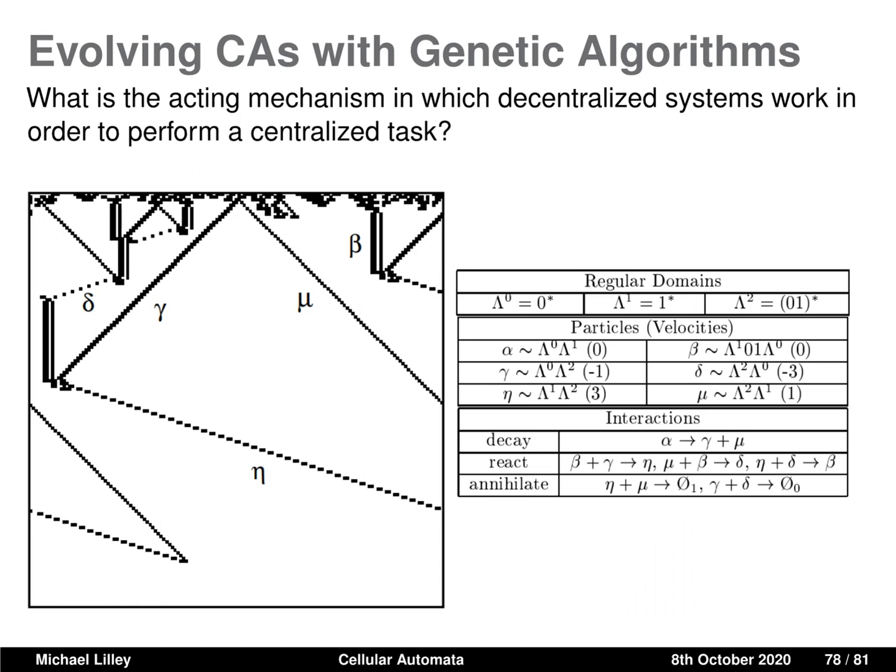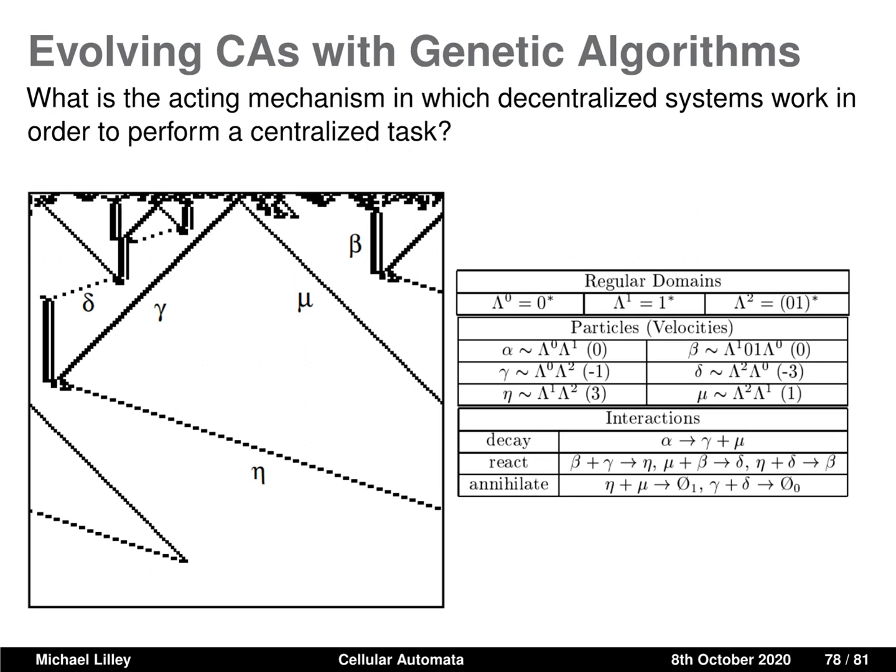This is the cellular automata we saw in the previous slide with all of the regular patterns filtered out, only the boundaries now being visible. It's thought that these boundaries carry information that can change the state of a regular domain within a region when they collide. These boundaries are called particles because just like two particles in physics can collide to produce a different particle, the boundaries interact with one another and create new domains with different properties which can carry information about regular domains.